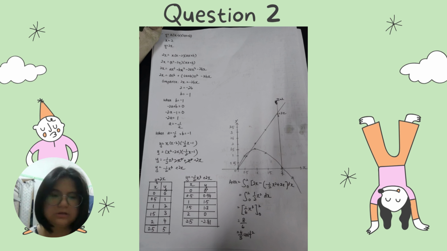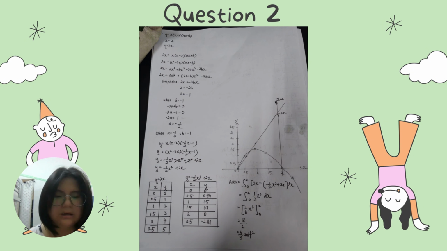After that, I found the intersections of the 3 points, that is when x equals 2, y equals 0. So this is the intersection of the 3 points where the curves meet, and then I find the area.